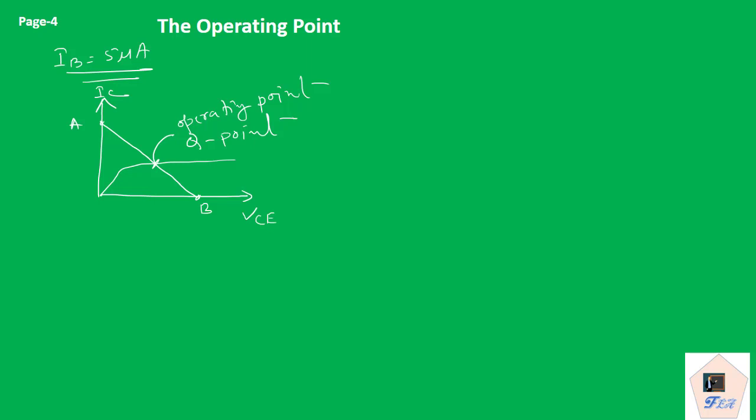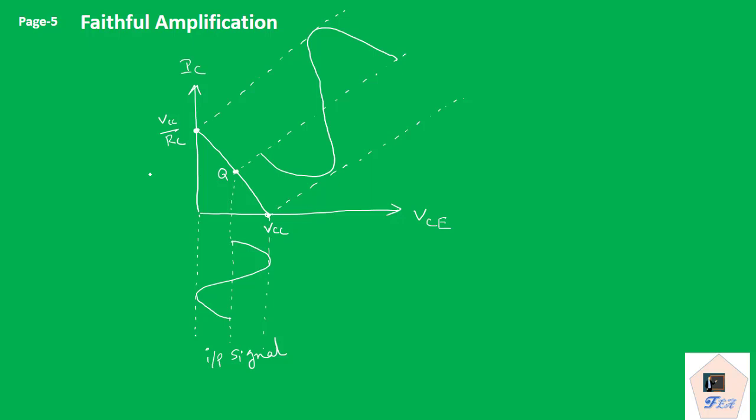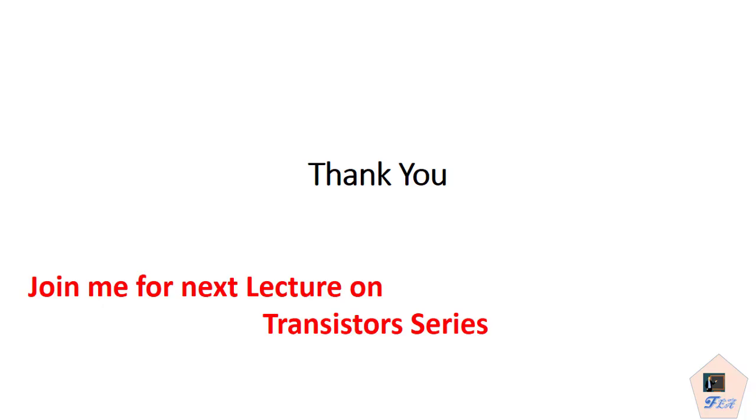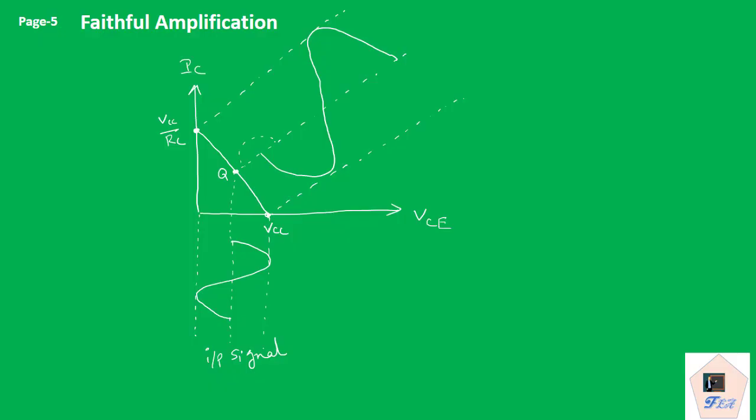Now if we have this Q point at the middle, then only will we have a faithful amplification. What is faithful amplification? It means the input signal and output signal are the exact replica, but in amplified form. Here you see all the parts of the input signal are amplified. The only thing is that there is a phase difference: we have a 180-degree phase difference at the output for CE mode.